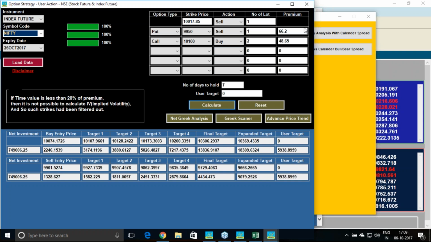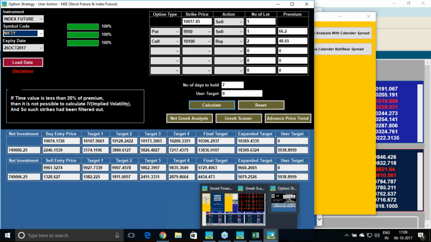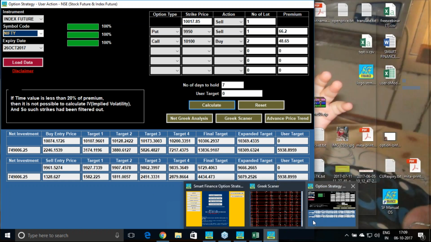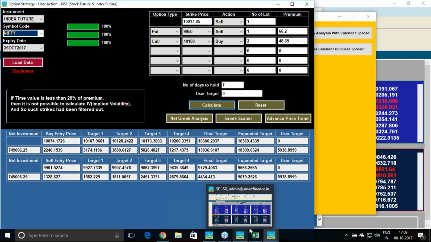If it is falling down and a trend change has happened, below 9995, what should I do? If below 9995 the trend change has happened, this is the trend picture.